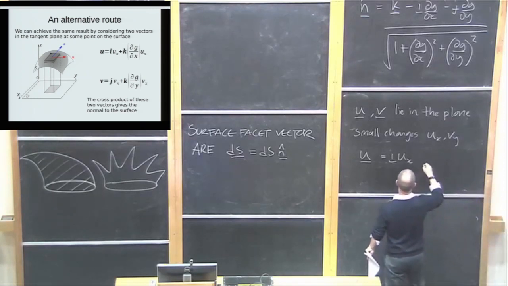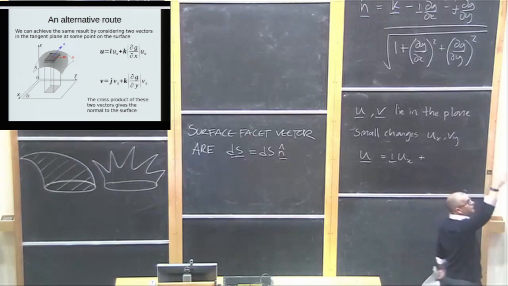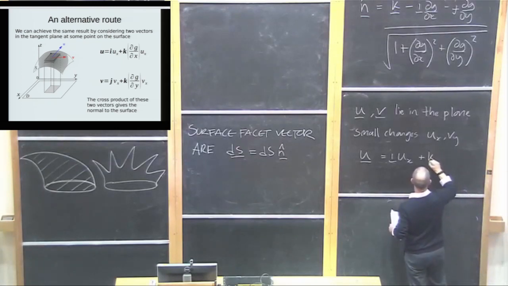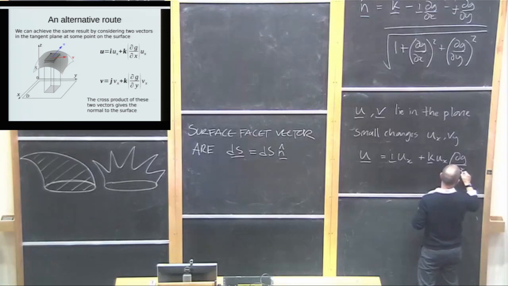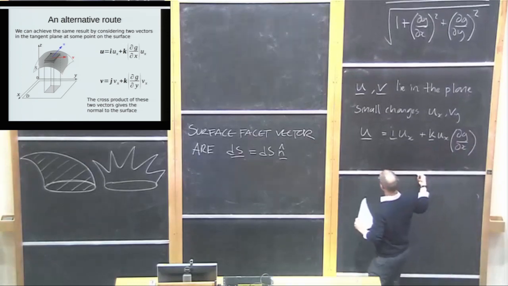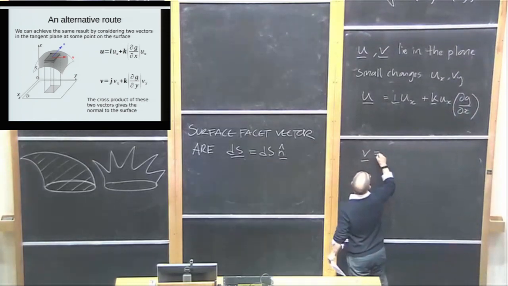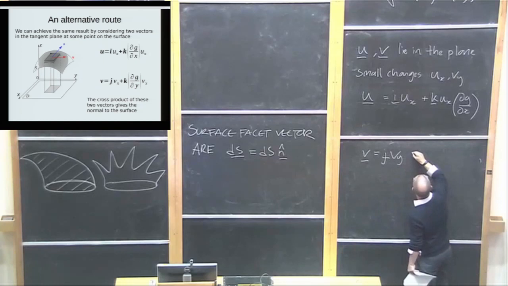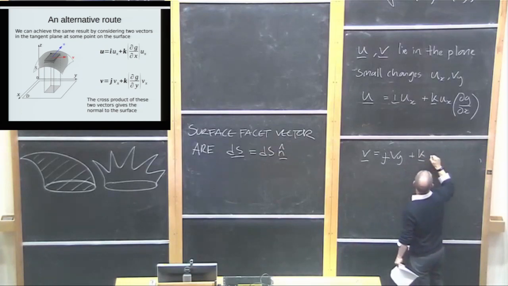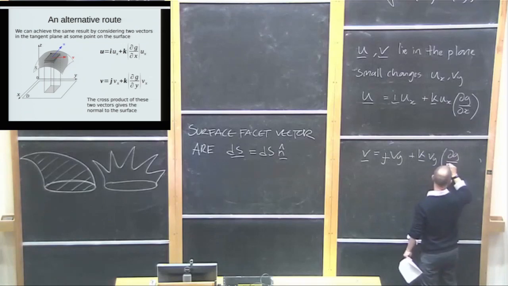But because this is a 3D surface in three-dimensional space, there may be a component in the k direction, so that would be k times ux times the rate of change of my function with x. And similarly, my vector in the y direction would be j times my small change in that variable, plus k vy dg dy.